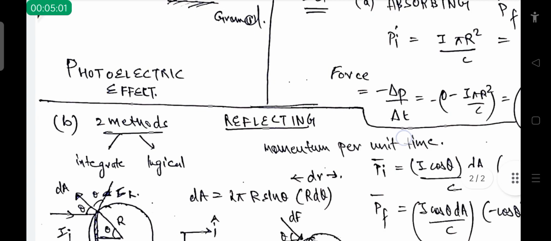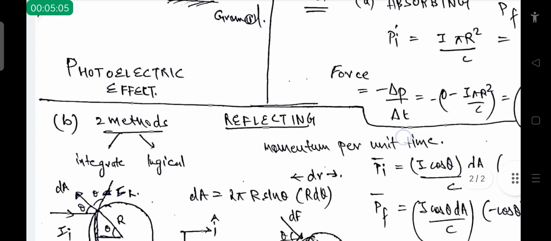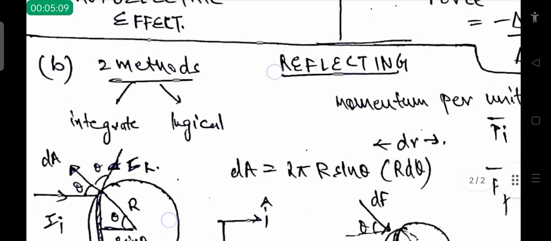Now, reflecting is a bit difficult, because the final momentum is not zero. So as a result, we have to integrate and find out. And it is not uniform everywhere, because the area vector is at different angles. So we have to understand why we have to integrate and why we cannot directly find it out.